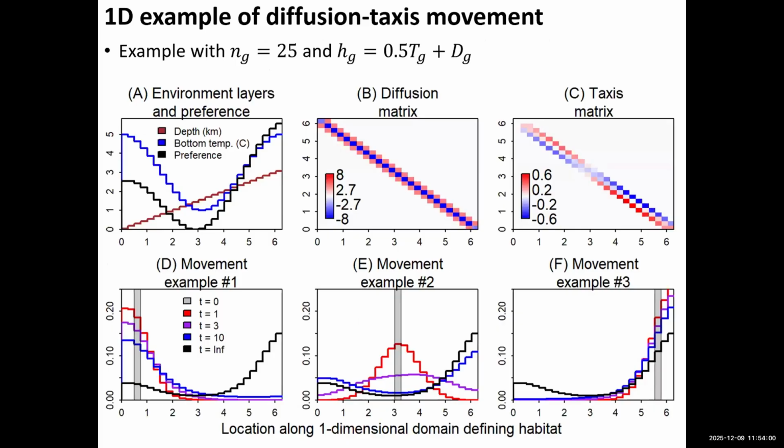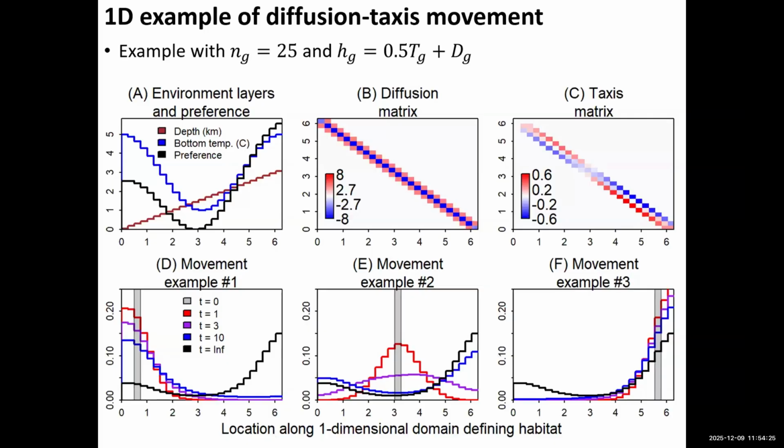So here's sort of the worked example from the paper I did with Steve Barbeau and many authors a couple of years ago. You might have, on the top left in panel A, a preference function that's increased preference as you go from 0 to 6, based on depth increasing. And then you've got a bottom temperature that's kind of lowest in the middle.